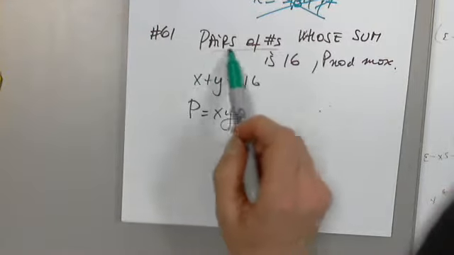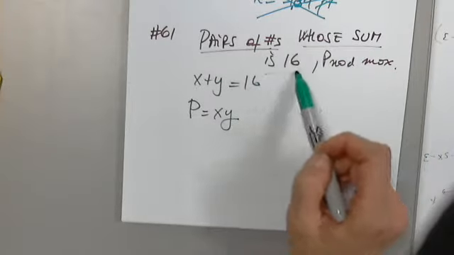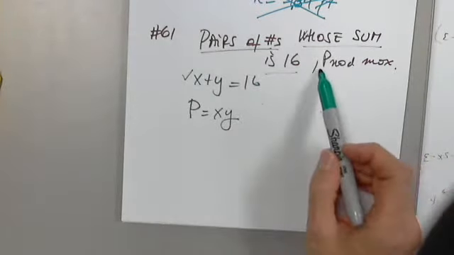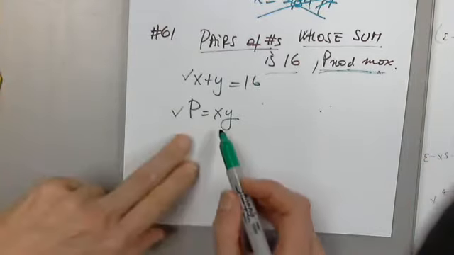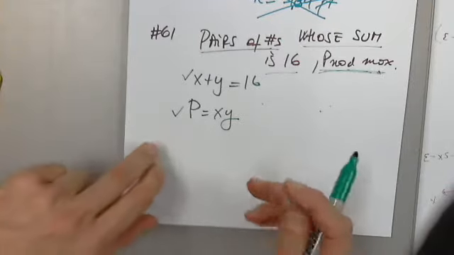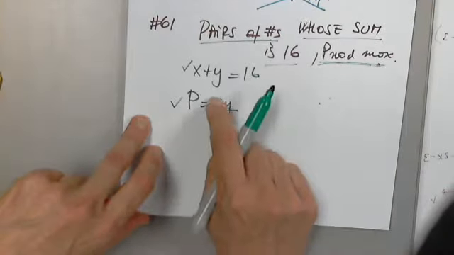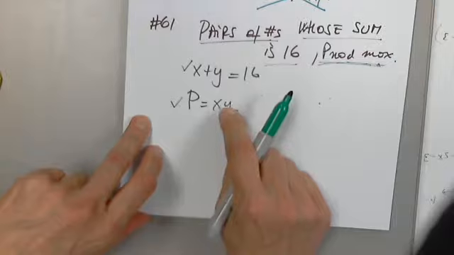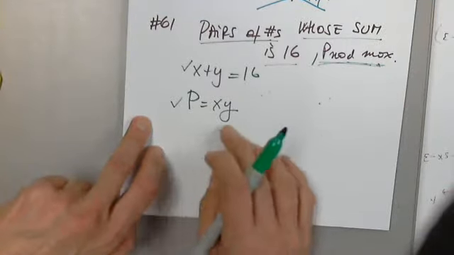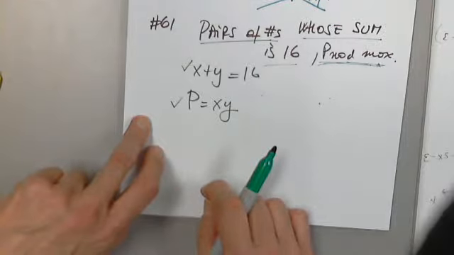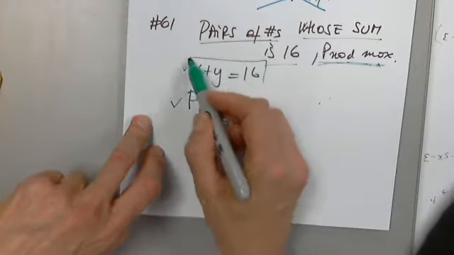We are talking about pairs of numbers whose sum is 16, done. We are asked to determine the product, the maximum product. I have an expression for the product. However, I'm running into a difficulty because I have this variable and this variable. I have to eliminate one of the two. I don't know how to deal with functions with two variables. But that's the reason why I'm given this.